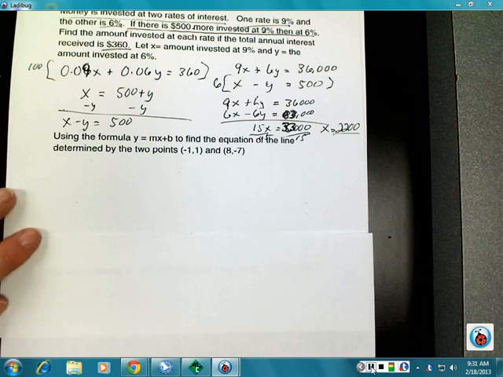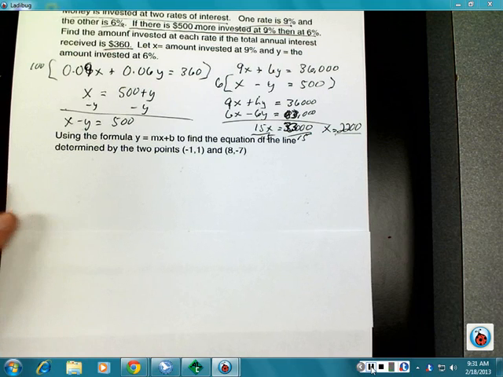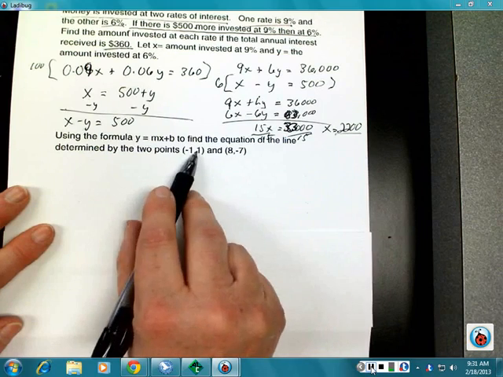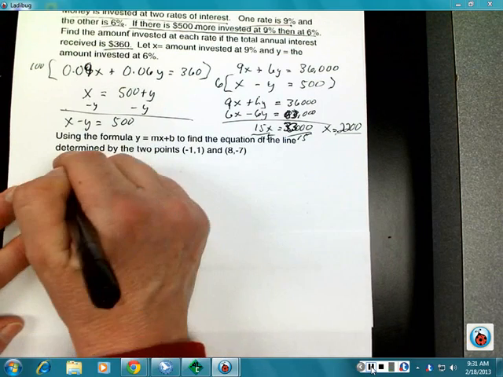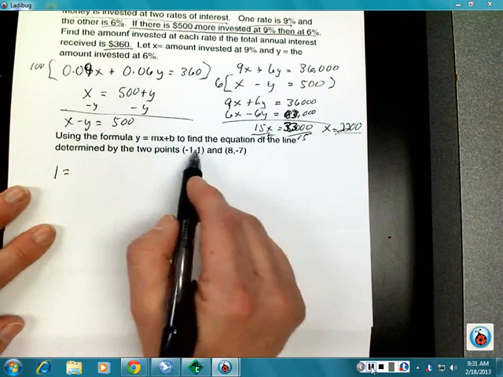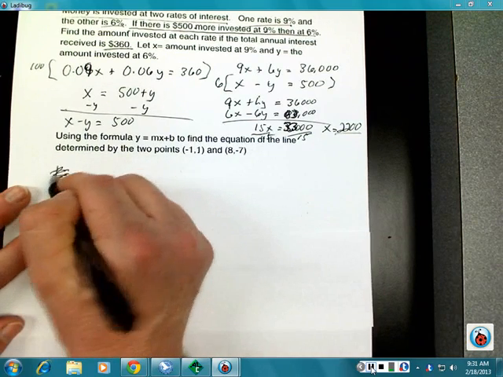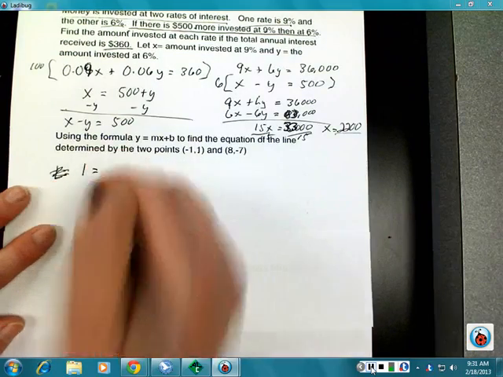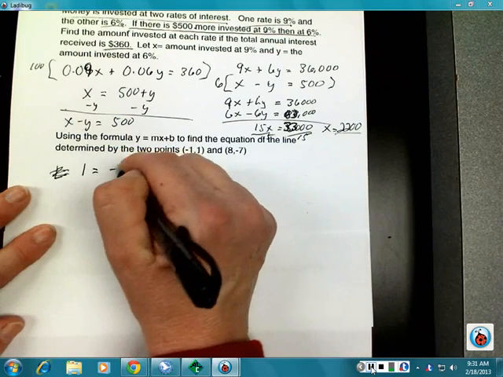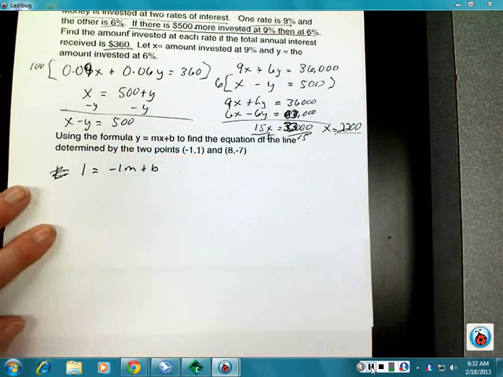Well, way back when in chapter 4, we took these things and put them in and we solved stuff and we got an equation. But we want to know how this relates to each of these. So in this situation, you're going to put your y value in where y is at, and your x value in where x is at, so I have 1 equals -1m plus b.